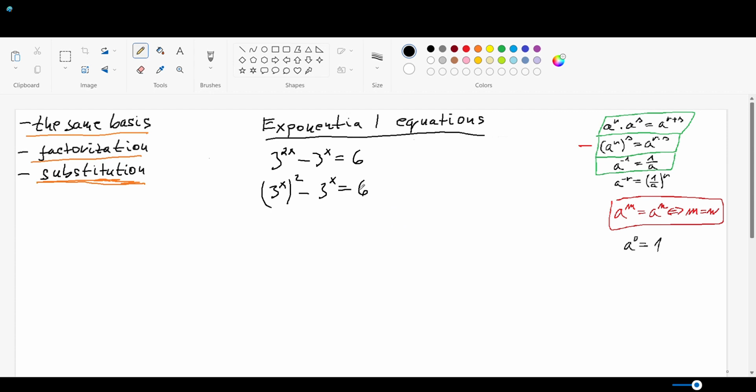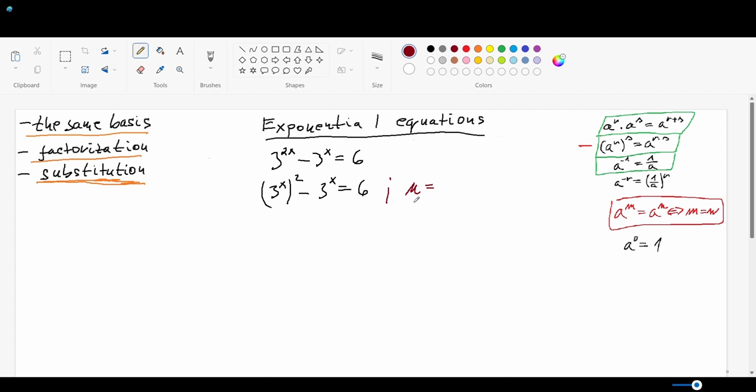And if you have a look at this equation, you should maybe remember that there is a good way how to solve this and how to simplify this equation so that you can solve it by well-known methods. And in this case it makes sense to make a new variable, which is for example u.